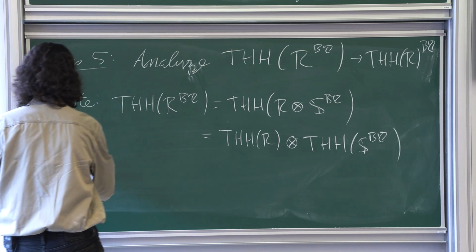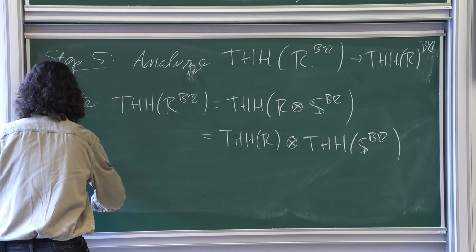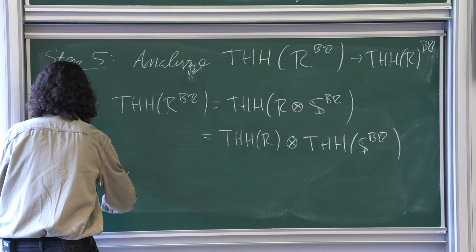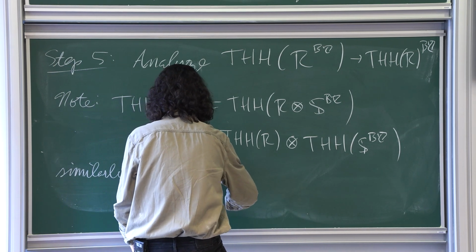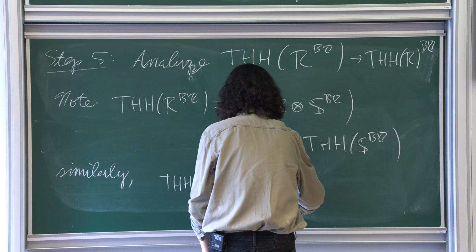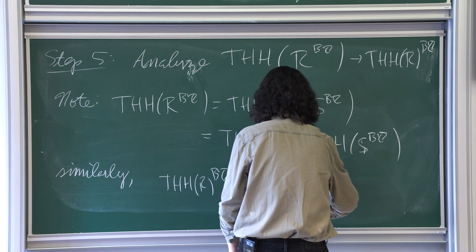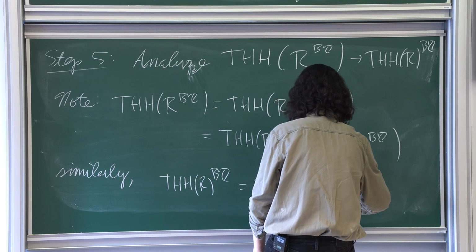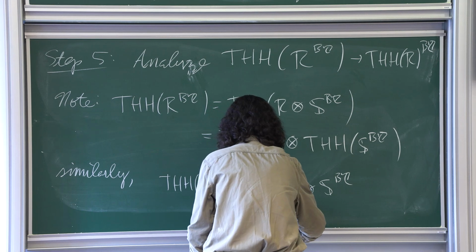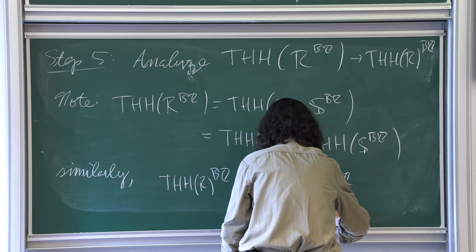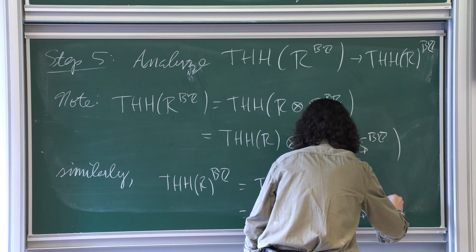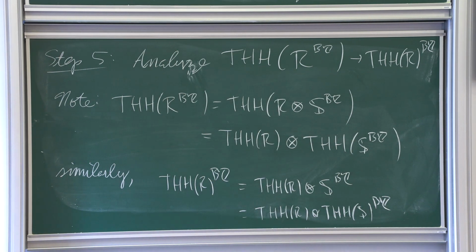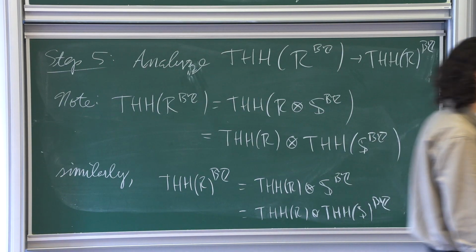And similarly, THH of R^{BZ} is the same thing as THH of R tensor the sphere's BZ, but that's also the same thing as THH of R tensor THH of S^{BZ}, because THH of S is S. It's the unit object in spectra.